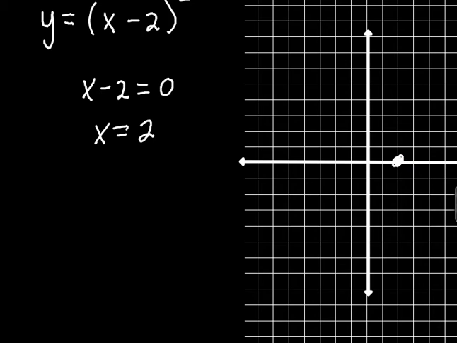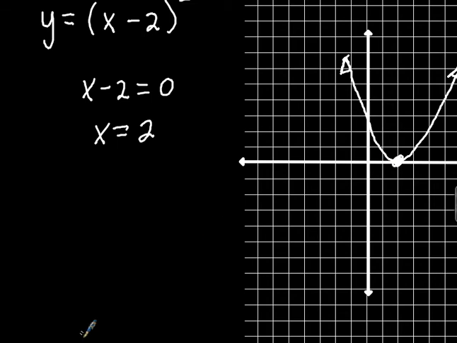Now, unlike its linear counterpart, when you have an exponent of 2 on this polynomial, we're not going to just go through that point. Actually, we're going to draw a line, and when we get to that point, it's going to bounce off. Some of y'all recognize this as a parabola.